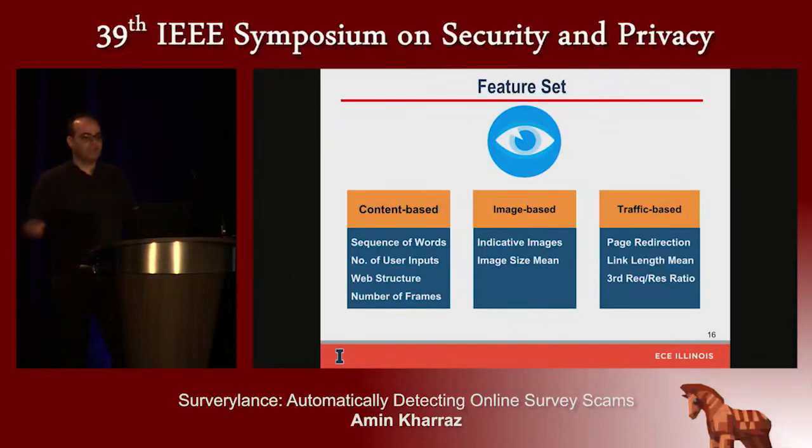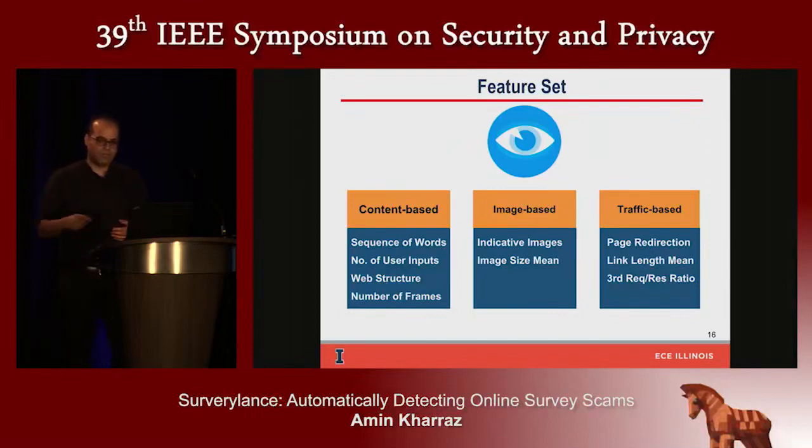So as I mentioned earlier, we have 3 different feature categories. These are the more important ones. You can take a look at the paper for why we selected them and why they were resilient in different cases. We perform feature ranking.